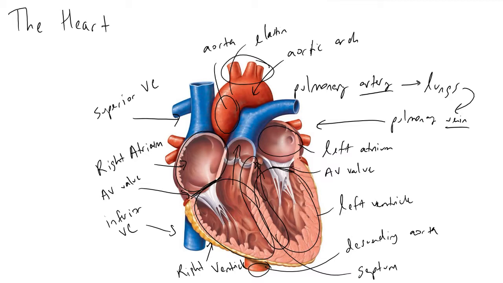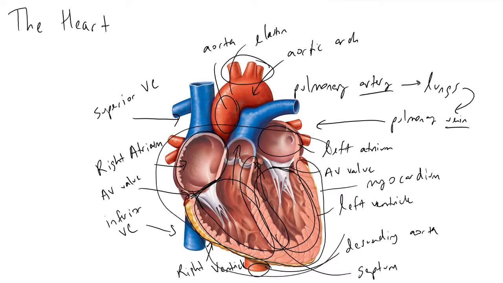And finally, if you look at this outer wall of the heart, this is called the myocardium. And if you're dissecting a cadaver in lab, what you'll commonly find is that this heart is pretty idealized, but surrounding this whole heart is something called the pericardium.